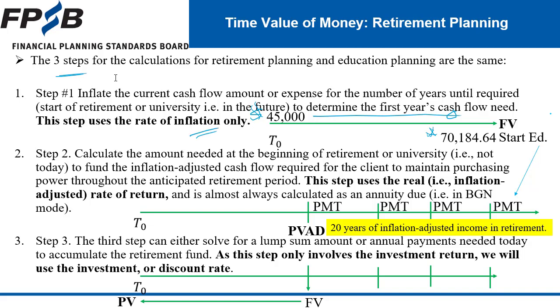So $70,184.64, 18 years from now, has the same purchasing power of $45,000 today. And that is going to become your payment at the beginning of the first year of retirement. But that payment is going to go up during the 20 years because it's inflation adjusted income in retirement. We're going to assume the same 2.5% rate of inflation. So there we are. Step 1 is done.